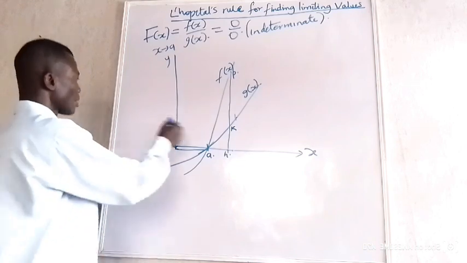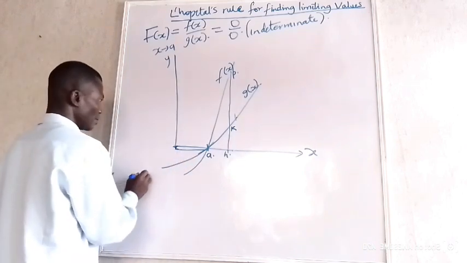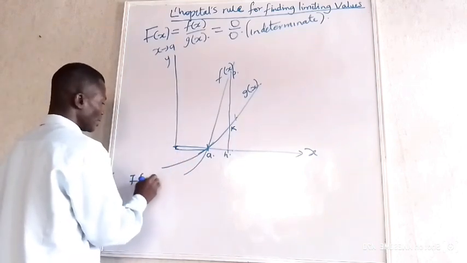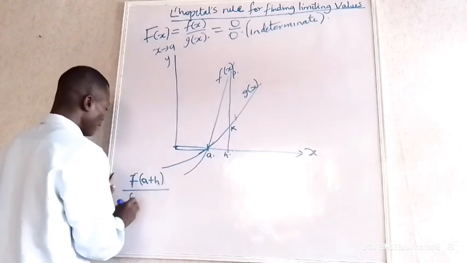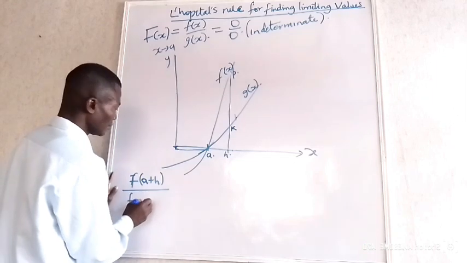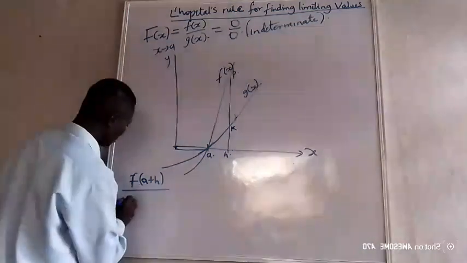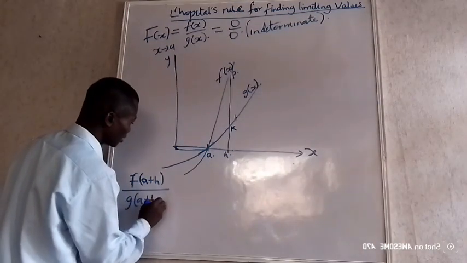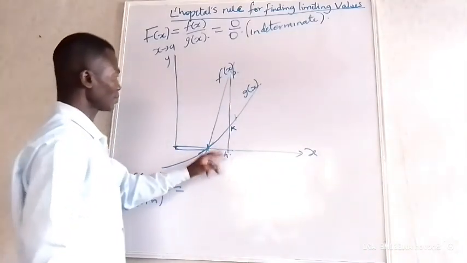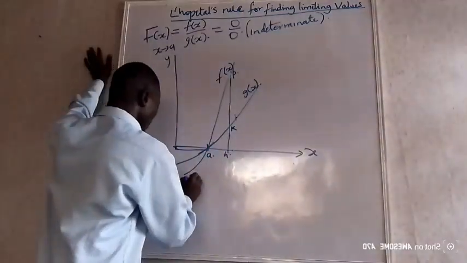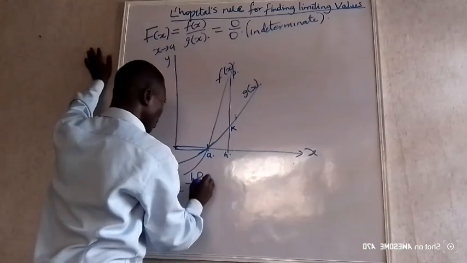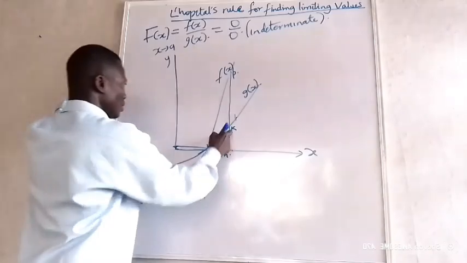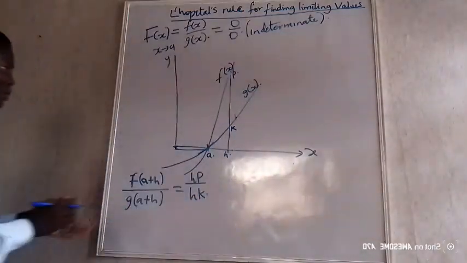Then f(a plus h) over f(a) over g(a plus h) over g(a). a plus h is going to give me hk over hk. This place over this place.